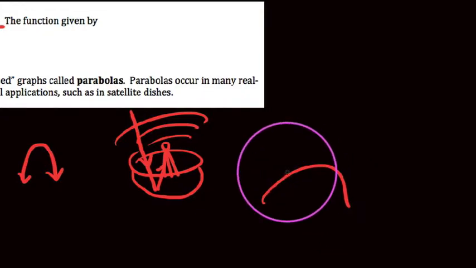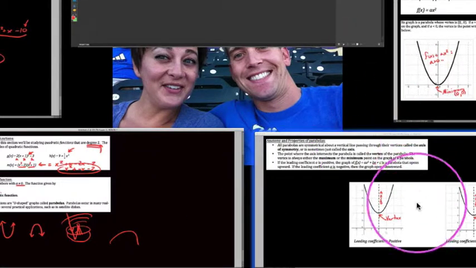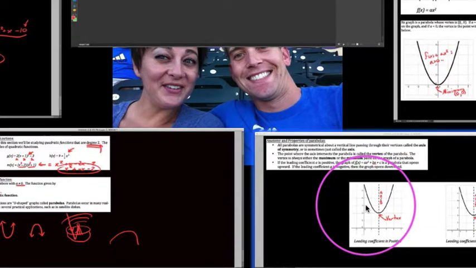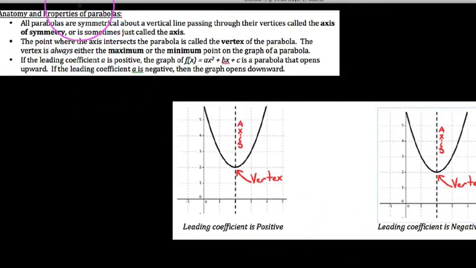So if that's the case, let's go ahead and discuss some basics of the graphs, and we'll be done with this video. But we say the anatomy, first of all, and properties of parabolas. First things first, we want to recognize this: all parabolas are symmetrical about a vertical line. We say this vertical line passes through their vertices, which is the plural of vertex, but we're going to refer to this as the axis of symmetry.